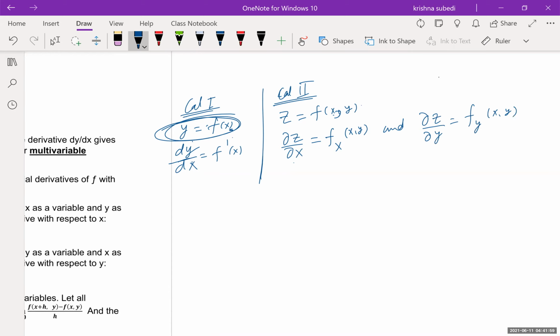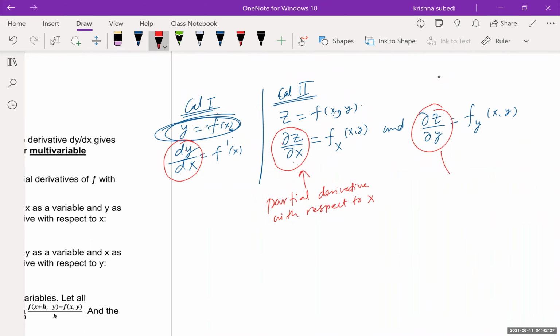Notice that the notation here, in the case of a function of one variable, is dy over dx, but in this case it is delta z over delta x, and this is called the partial derivative with respect to x, and this one is the partial derivative with respect to y.